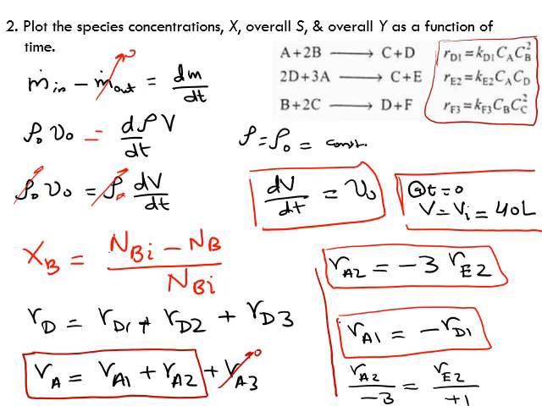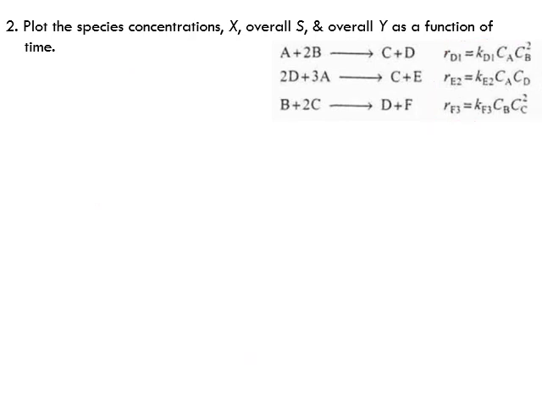Let's do the same but for B this time. We are still in step number 3, which is utilizing stoichiometry, and we are continuing with writing the net rates and then finding the rates of each species through each reaction through stoichiometry.